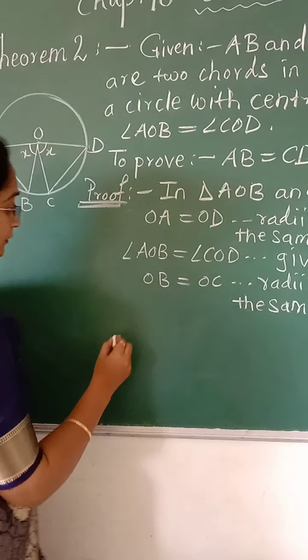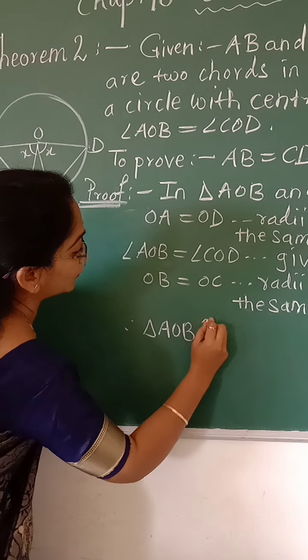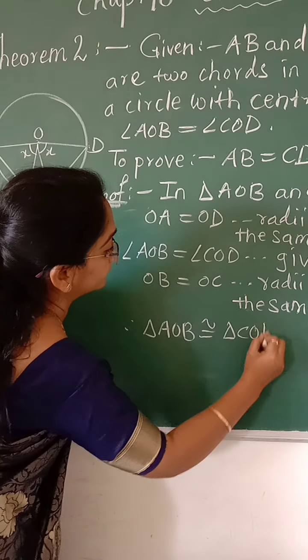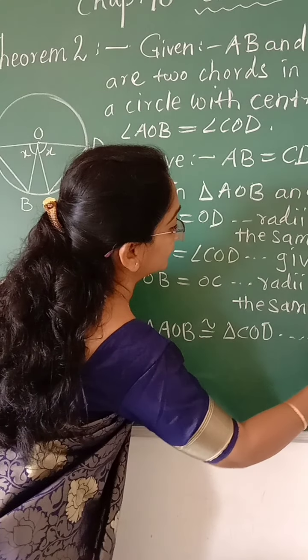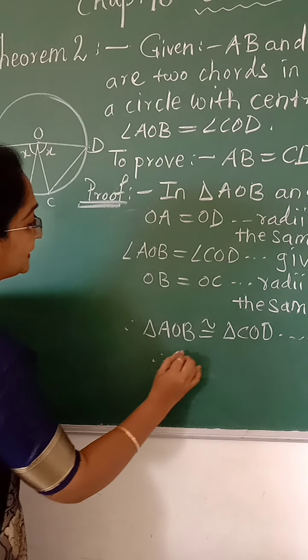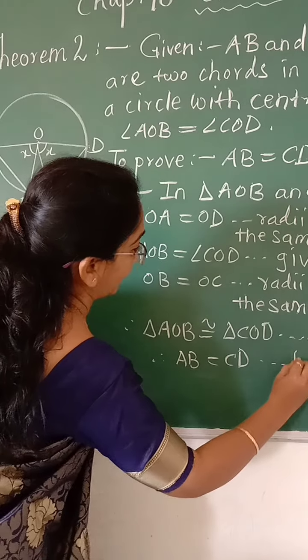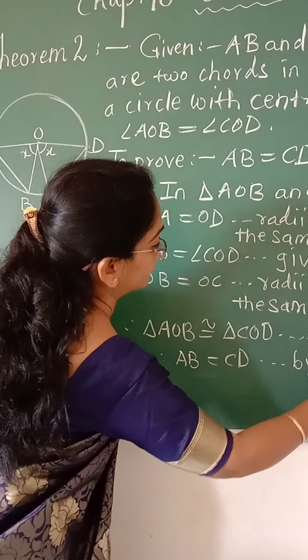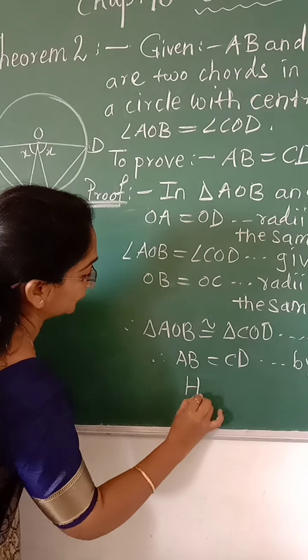And therefore, triangle AOB is congruent with triangle COD by SAS rule, and therefore AB is equal to CD by CPCT. Hence proved.